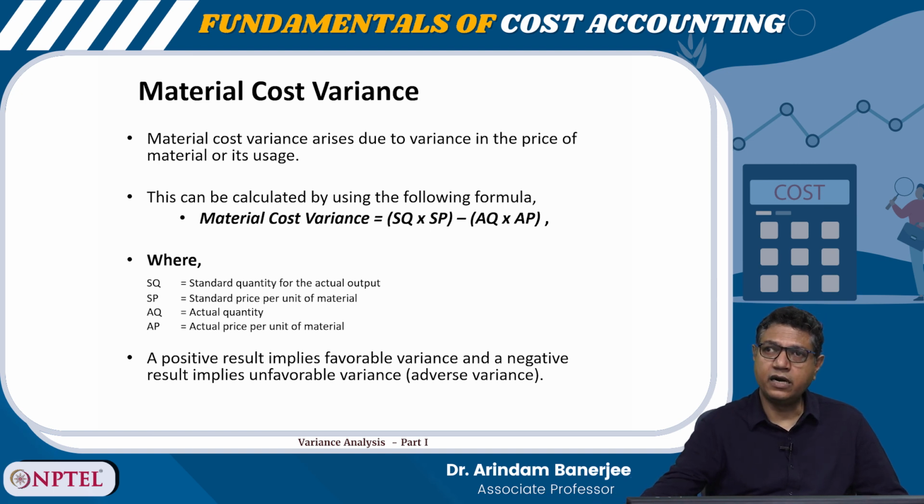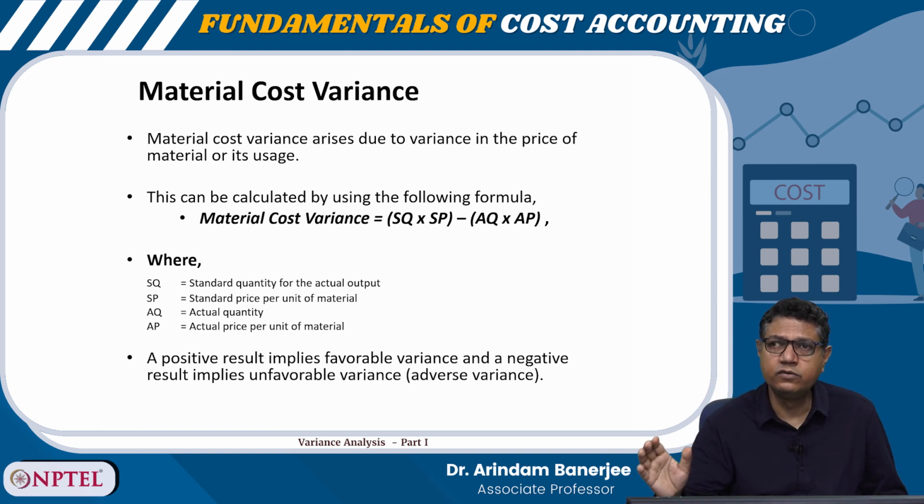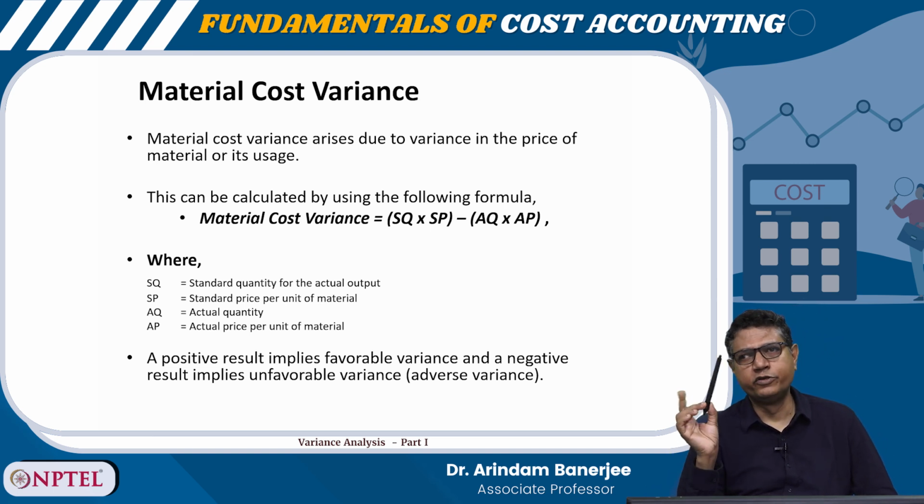Now, that is my standard, I estimated. Now I have started actually producing this pen. When I went to the market for procuring plastic granules, I found that the price has increased.